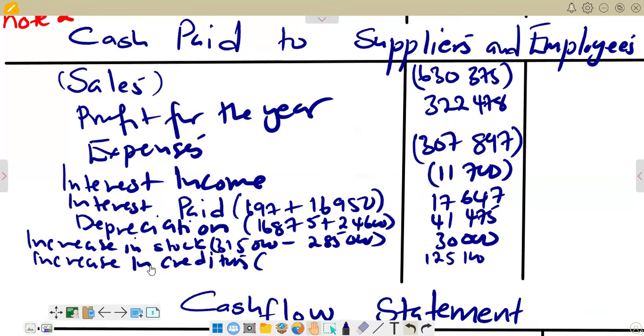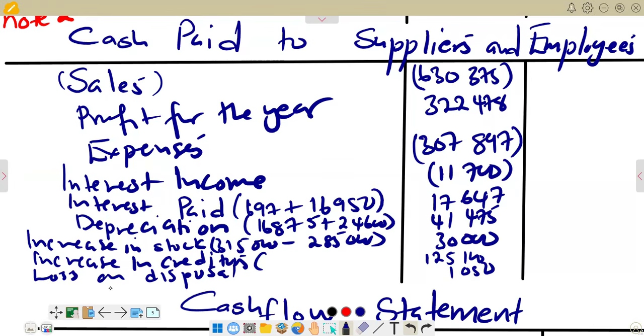So if you come here now, we are now saying our loss on disposal. The amount that we have is 1,050. And then we show it as a positive.